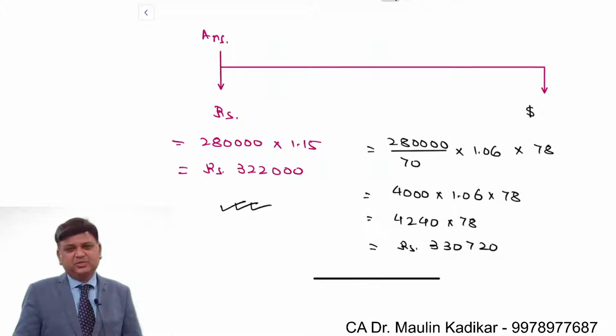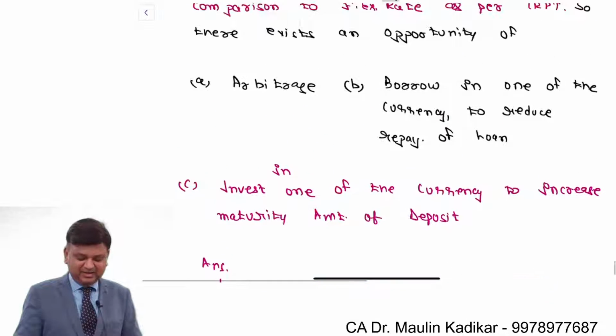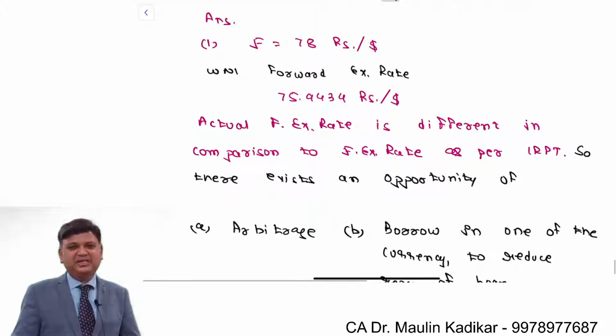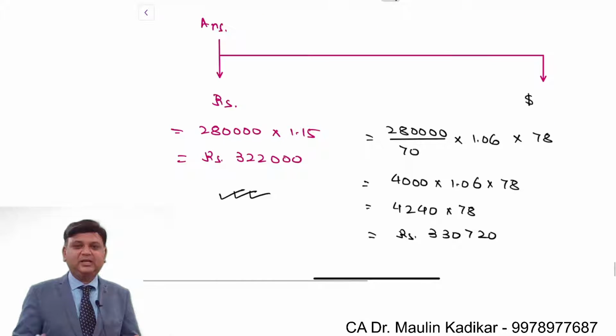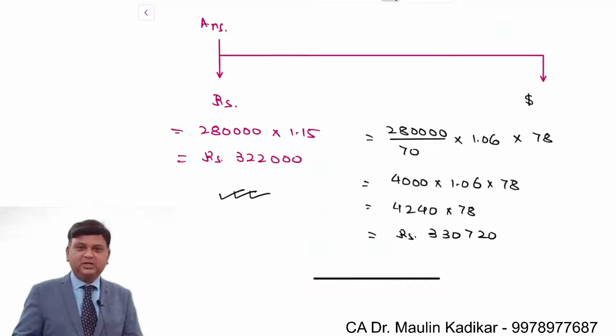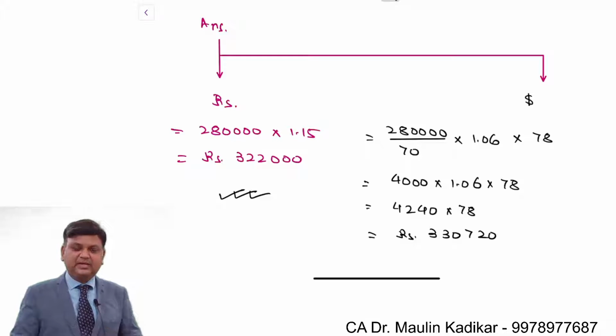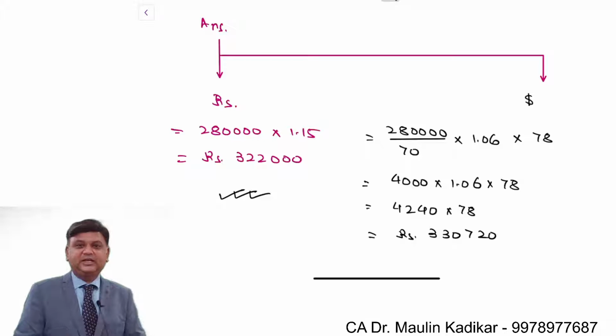Sometimes I come across a question like this from students: sir, I don't see any sense of doing working note number 1 and drawing all these things. Can't I do this directly? Because over here I will be able to reach the conclusion directly. And if the answer is same, then the forward exchange rate is as per IRPT.